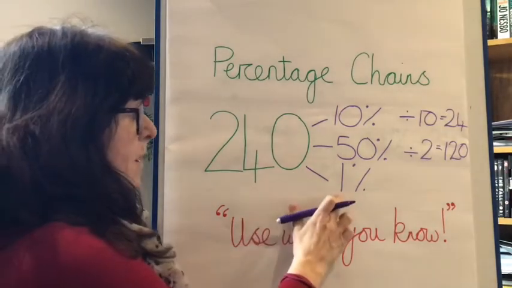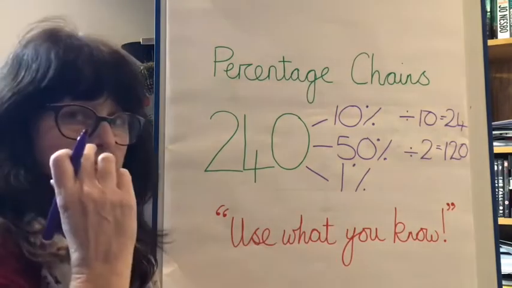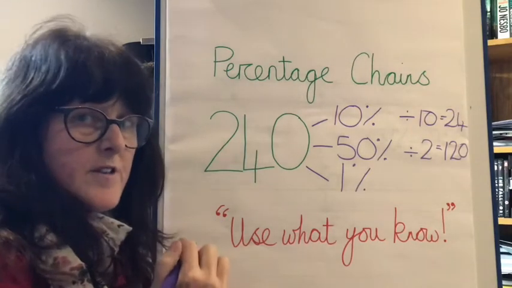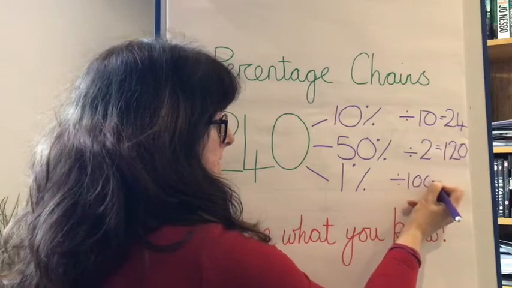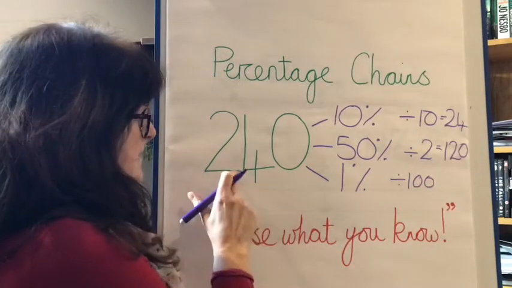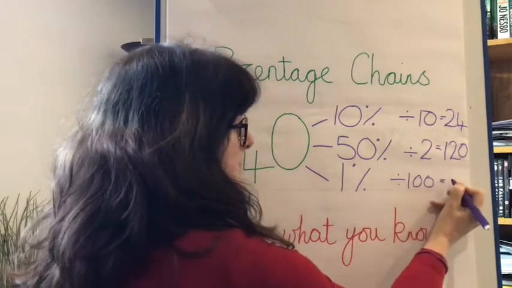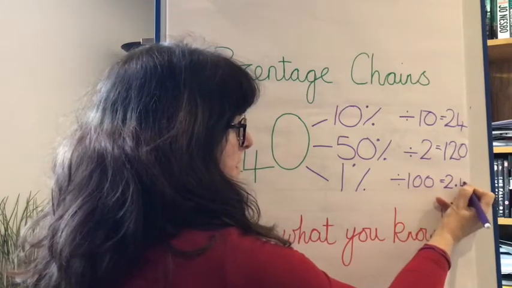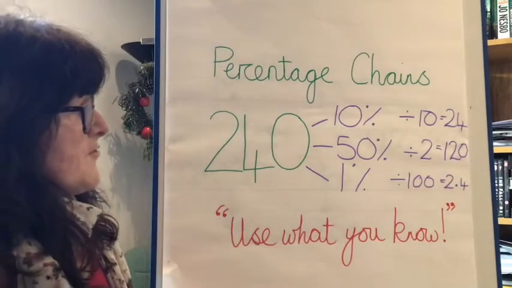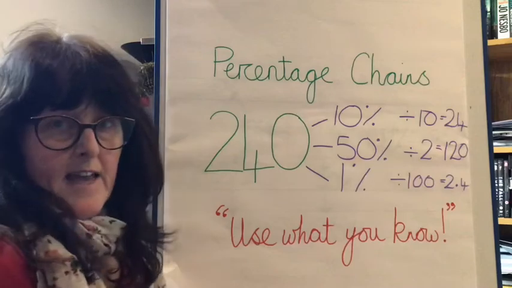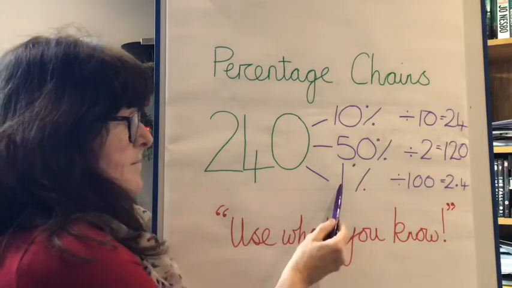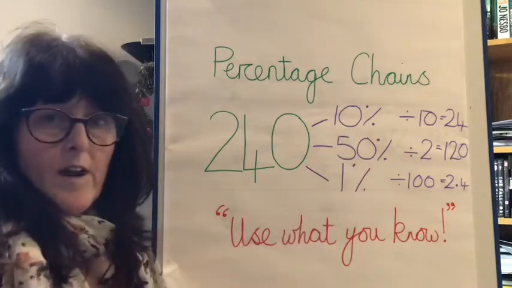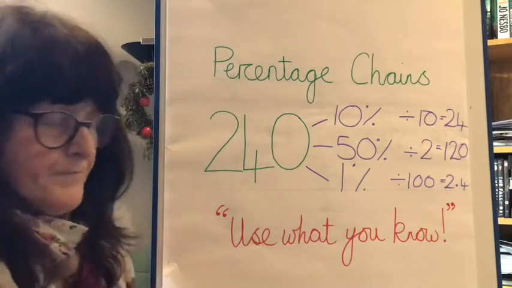And to find 1%, you need to divide by 100. Okay, so if we move back 2 decimal places, this will bring us back to 2.4. So just remember, 10% divide by 10, 1% divide by 100. 1% is going to be 10 times smaller than 10%.